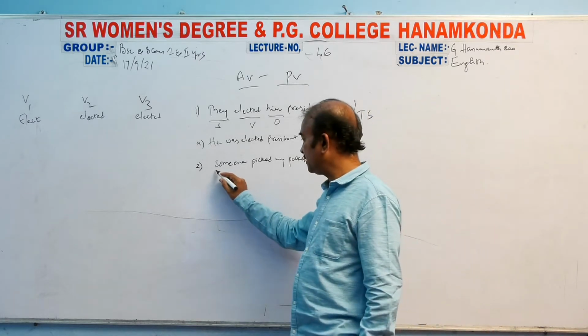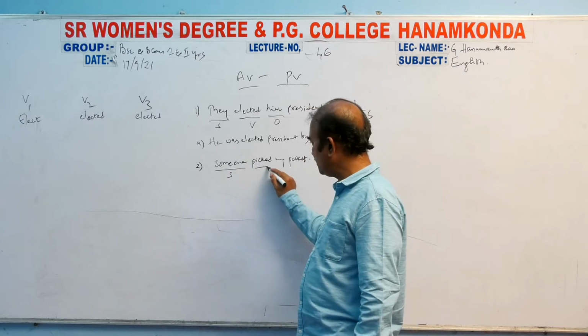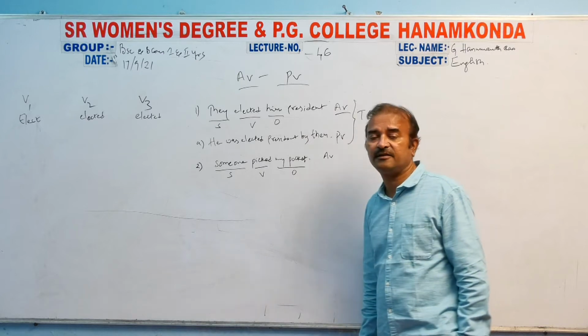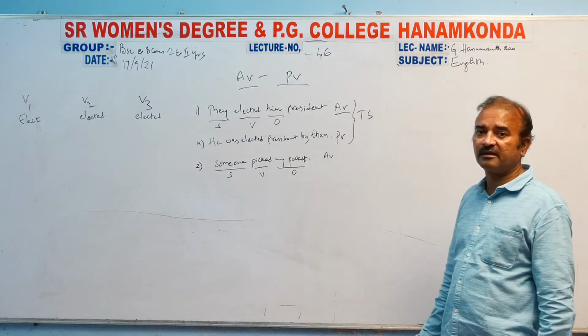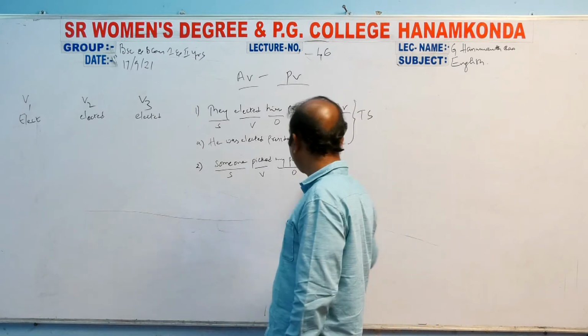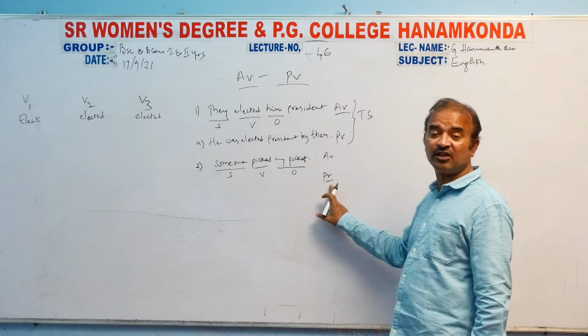Subject is someone, picked is the verb, my pocket is the object. Very simple thing, girls. Here we are going to change it into passive voice.